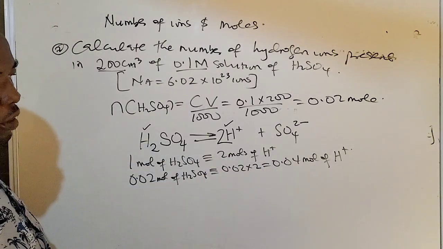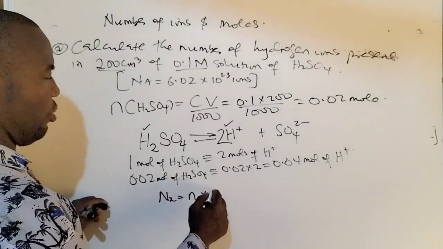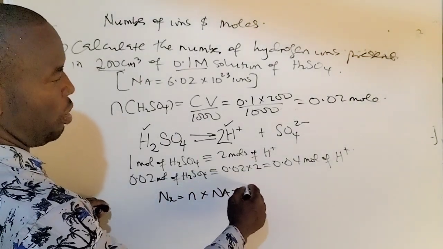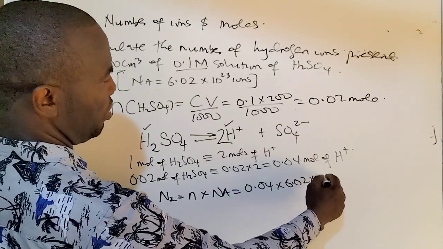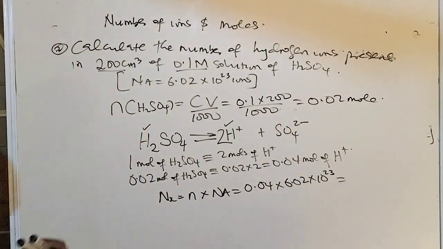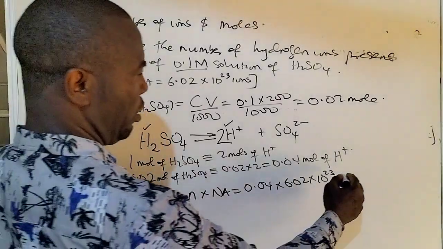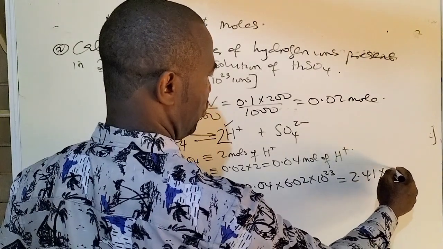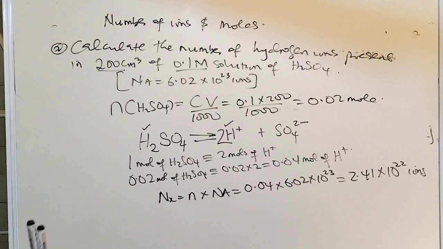This is the number of moles of the hydrogen ion. We'll now find the number of ions. Number of ions is mole times Avogadro's constant, which is 0.04 times 6.02 times 10 power 23. Working this out, our final answer becomes 2.41 times 10 power 22 hydrogen ions present in that solution.